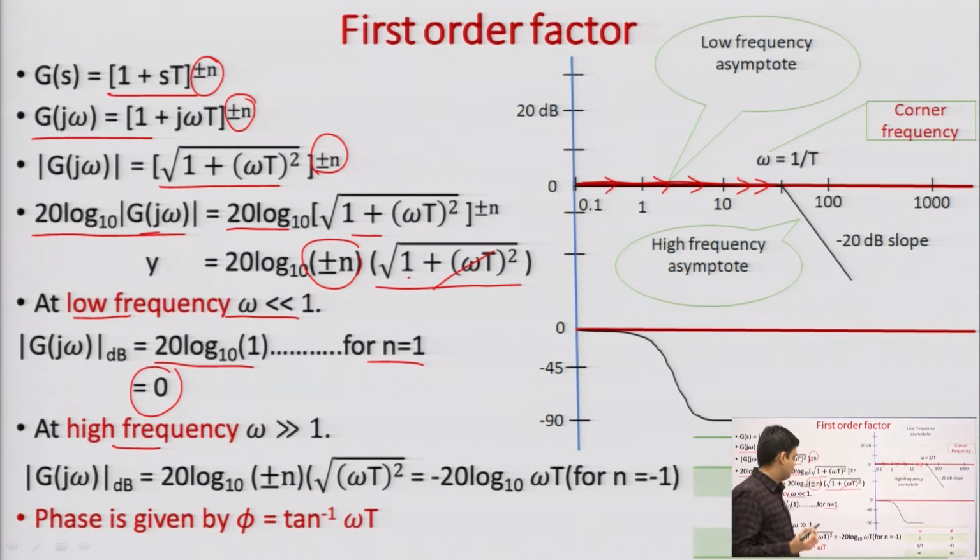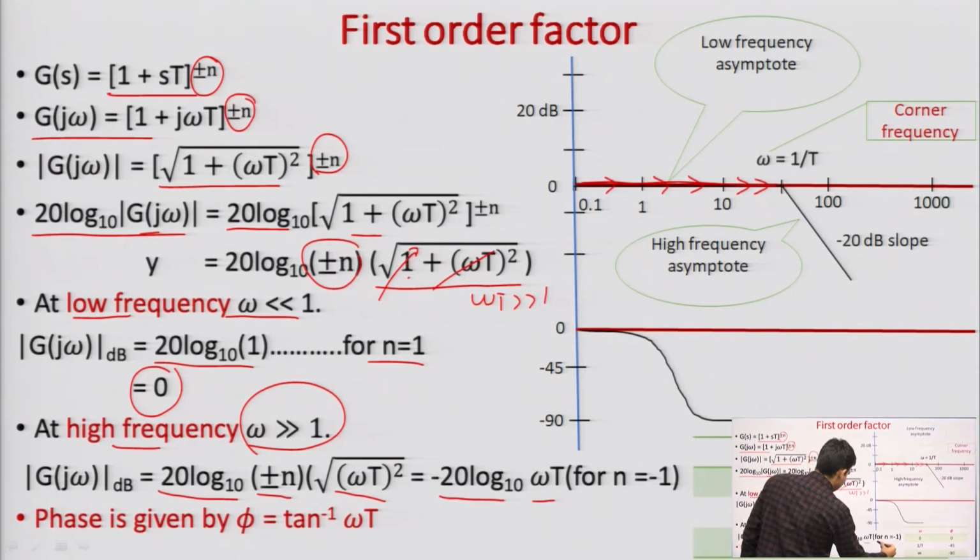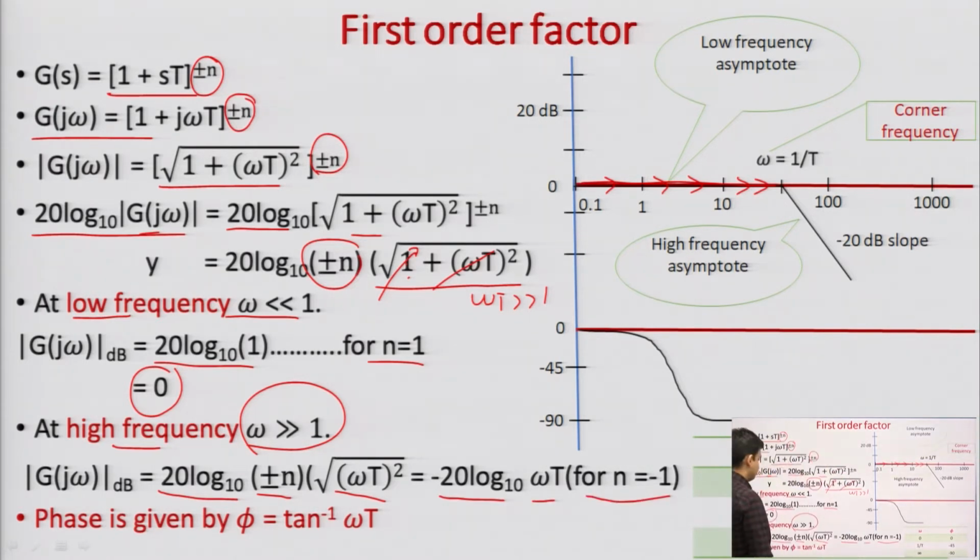When I go for high frequency, omega T is much higher than 1, so my magnitude would be 20 log 10 of the square root of (omega T) squared, to the power plus minus n. We can neglect 1 because omega T is very high as compared to 1. After solving, this will become minus 20 log 10 omega T if I put n equal to minus 1.